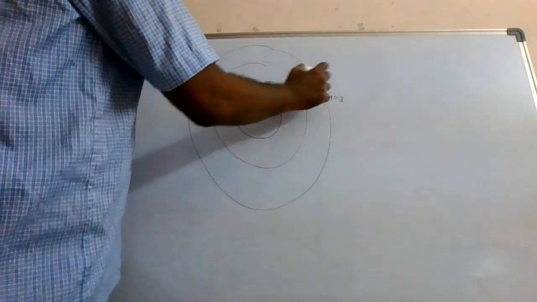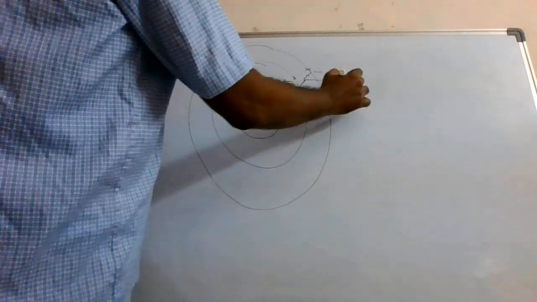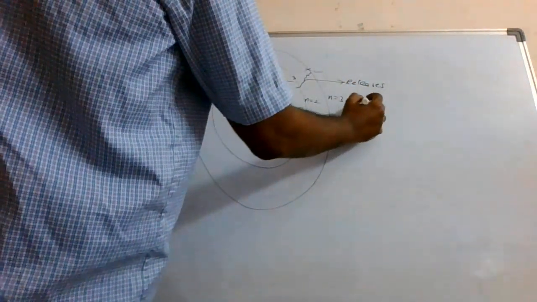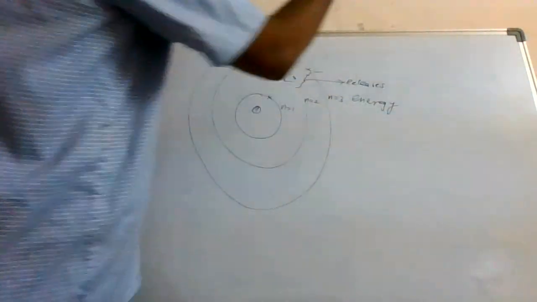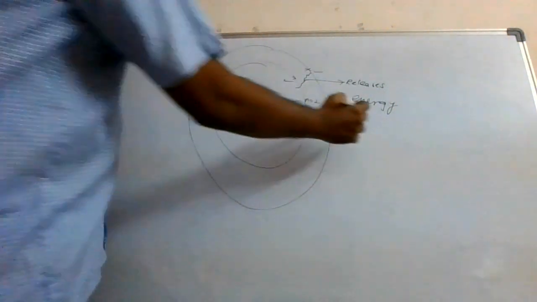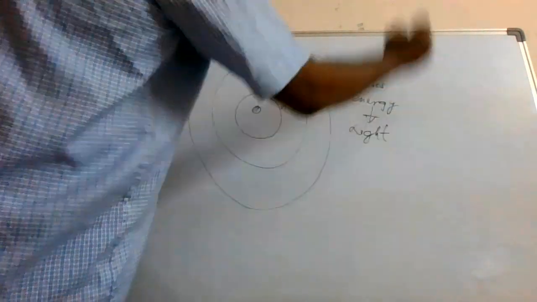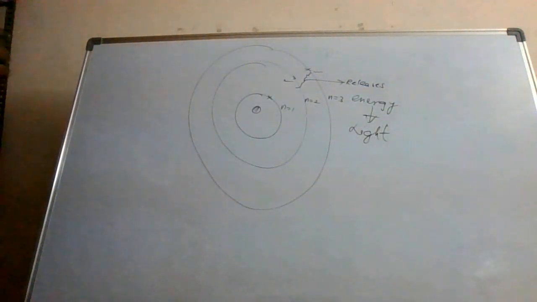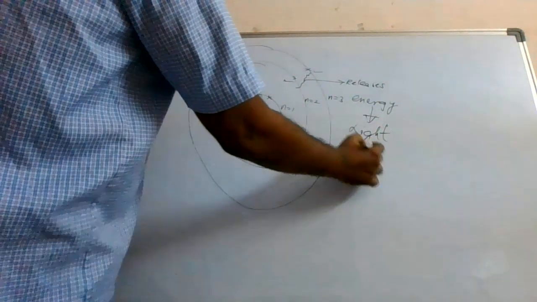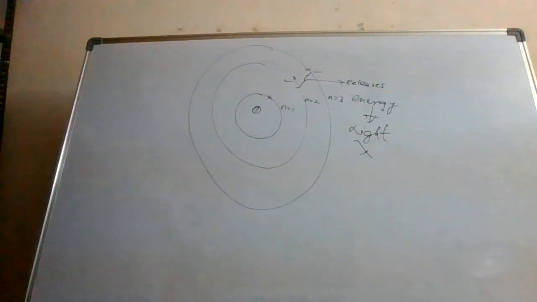From a higher state it can come to a lower state, and during this process it releases energy, it emits energy. This energy is in terms of light. This light can be visible or invisible depending upon the frequency values or the wavelength values.